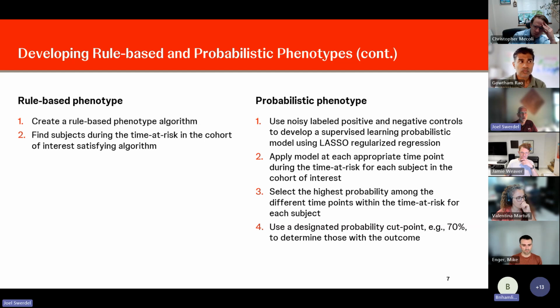Yes. So this follows somewhat from the PheValuator model, where we're using the xSpec cohort, people who we feel have a high probability of having the condition of interest, as the cases. And for people who don't, for instance, in the xSpec, if you had 2 codes of angioedema in a single day, we feel like you probably have a high probability of having angioedema.